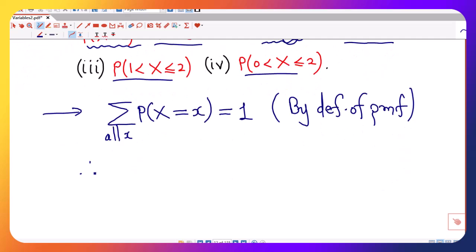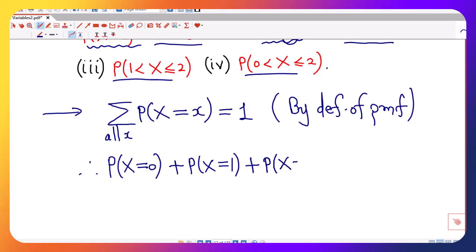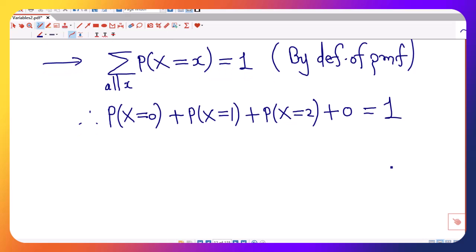Now probabilities are non-zero at 3 points only, so here we will write probability that X equal to 0 plus probability that X equal to 1 plus probability that X equal to 2, and at all remaining points the probability mass function is 0, and this is equal to 1.